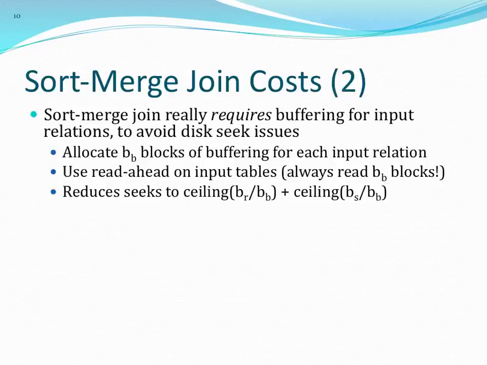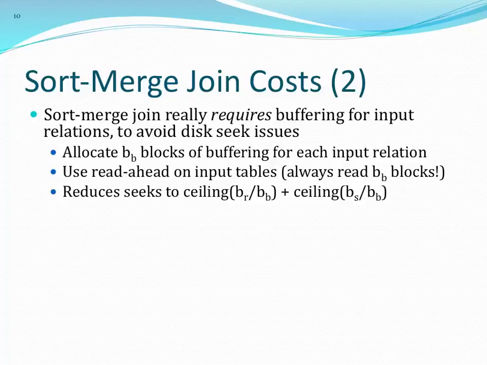So sort merge join is one of those algorithms that really benefits from buffering. And you really wouldn't want to use it if you don't have a lot of memory buffering that you could rely on to avoid these disk seeks. Like it says here, you allocate a certain amount of buffer blocks for each input relation, and you use read ahead so that you can just suck in a whole chunk of that file.